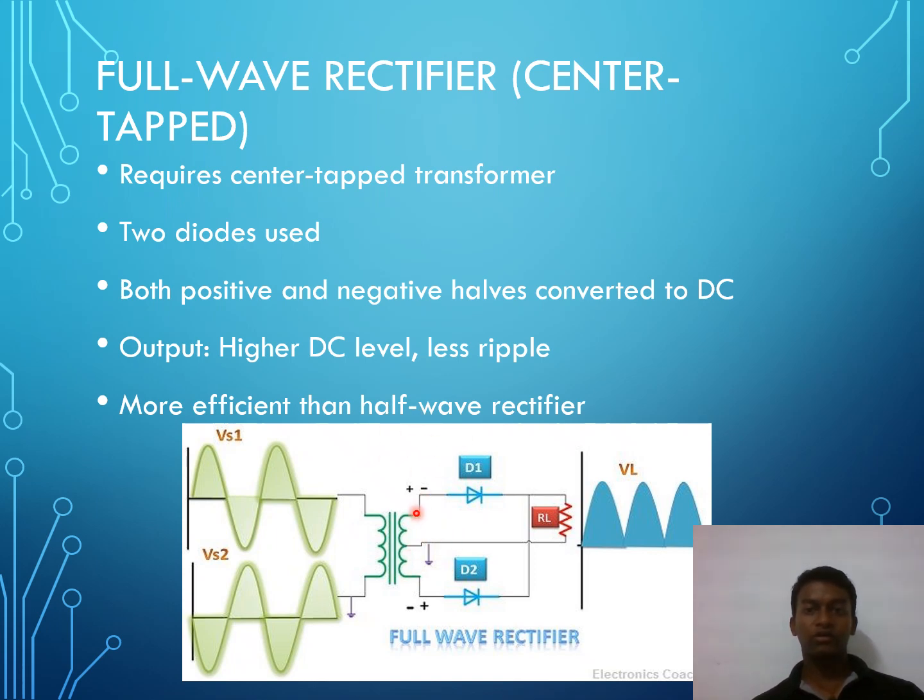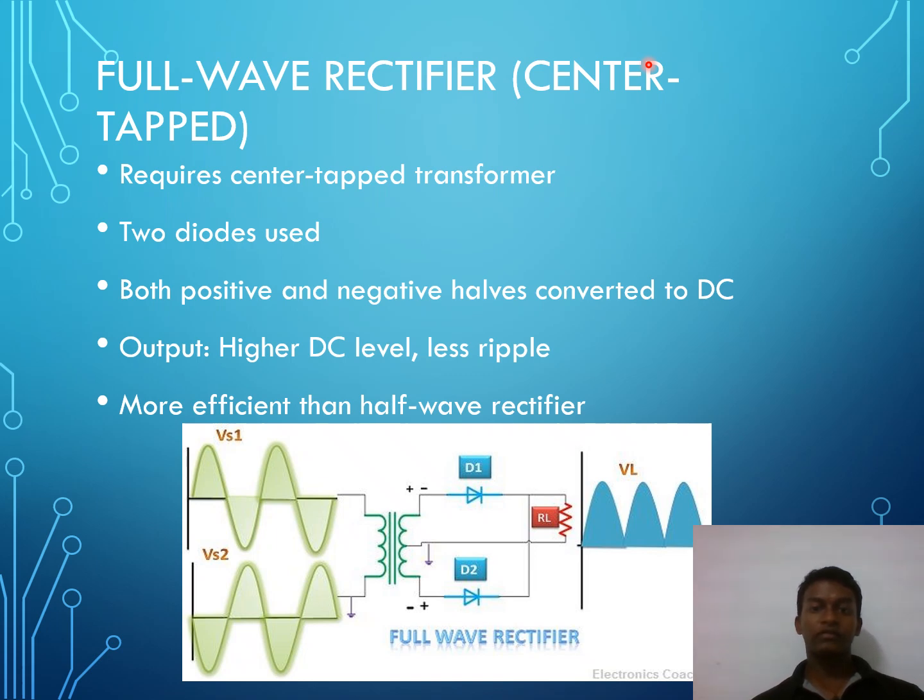The anode terminals of the diodes are connected to the secondary winding of the transformer, and the cathode terminals of the diodes are connected to the center of the center tapped transformer. These cathode terminals are also connected to the load resistor.